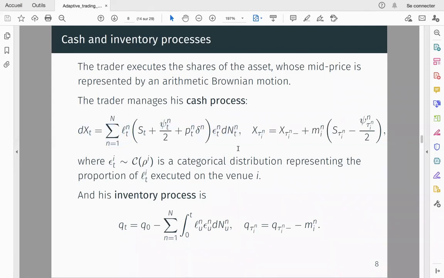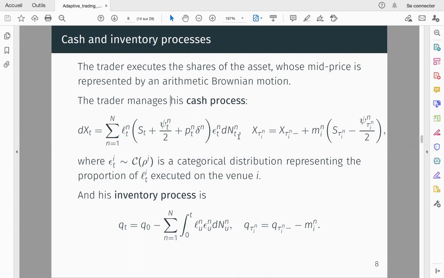On the platform N, the trader's gain with limit orders is the volume executed, which is LTN times epsilon TN, a random variable between 0 and 1, which represents basically the proportion of execution, multiplied by the execution price. So it is the sum of the mid price, the current spread process, and the chosen limit. And we see that if we set PTN equal to 0, you post basically at the first best limit.